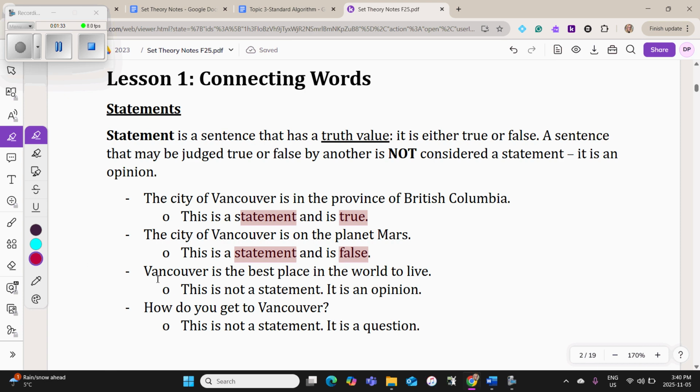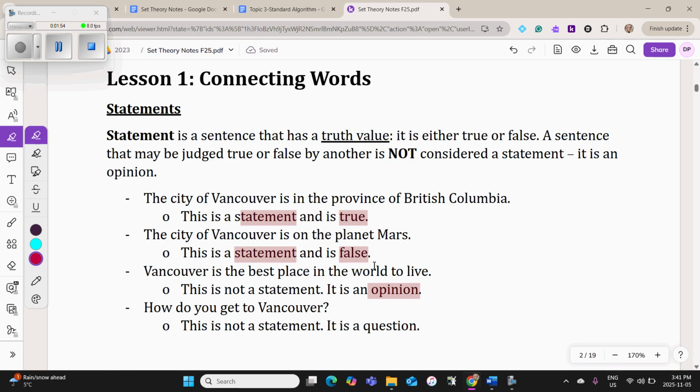The next one says Vancouver is the best place in the world to live. So this is what we call an opinion. So it's important to note that opinions will not have a truth value. So you're not going to tell me that it's true or false. It's just an opinion.